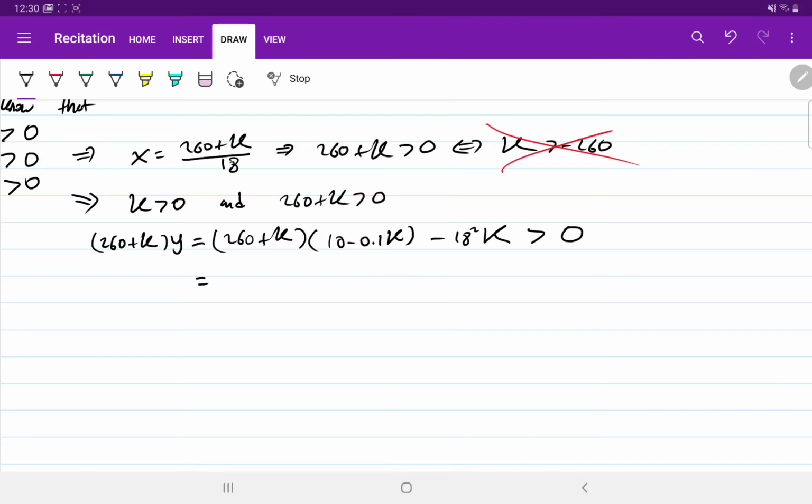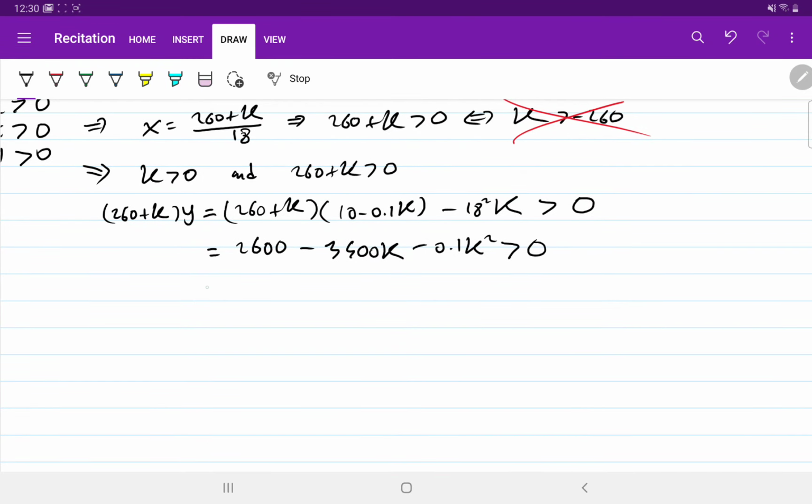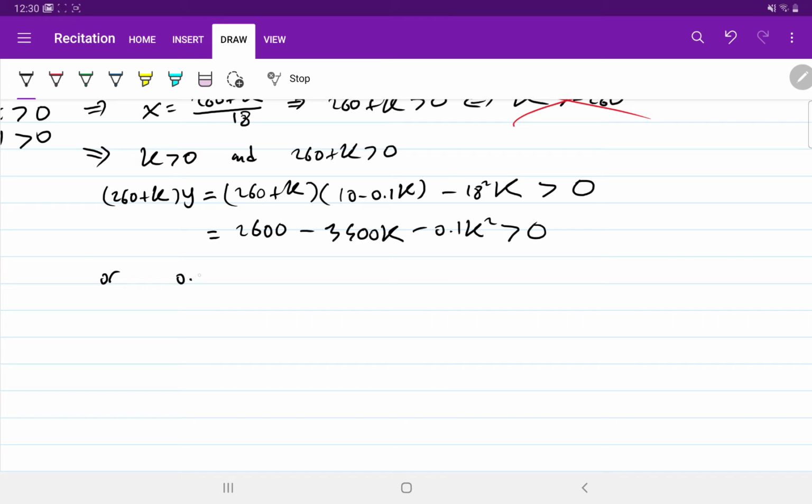This is equal to this polynomial, so we can simplify this into 555 k squared plus 188.88 k minus 144.44, and this will be negative.